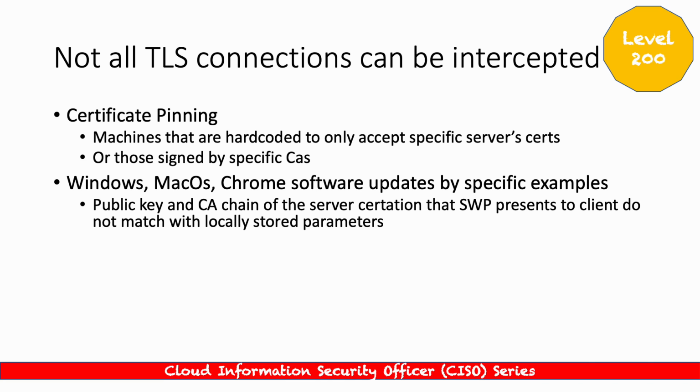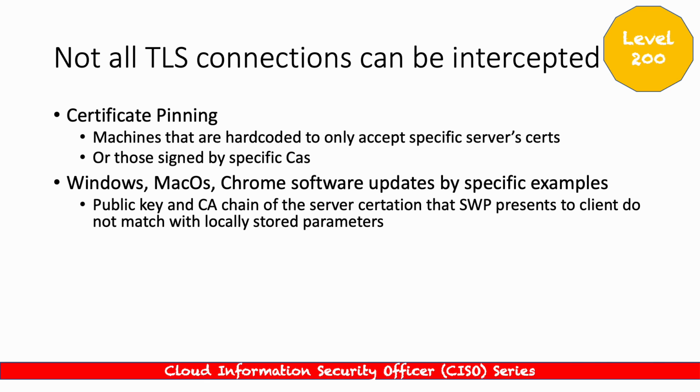Another example is Windows, macOS, and Chrome software updates. Think in terms of your Mac, your Windows machines, or your Chrome laptops. When they go externally, they're using certificates that are already built into the operating system's trust store, and they are going to use those certs.